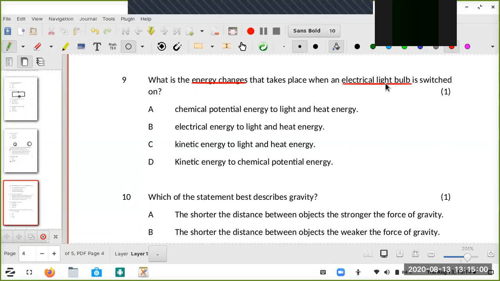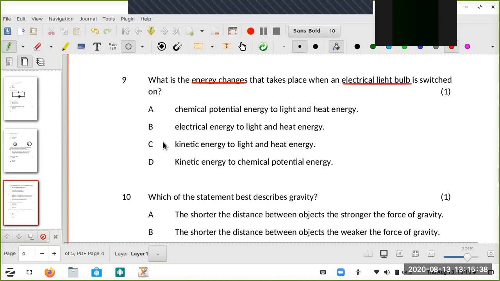We are not informed whether it is directly connected onto a cell. But what we know is an electric light bulb produces light. Some electric bulbs produce a lot of heat, and the ones made these years produce very little heat energy. Let's check. Here, it's electrical energy to light and heat.